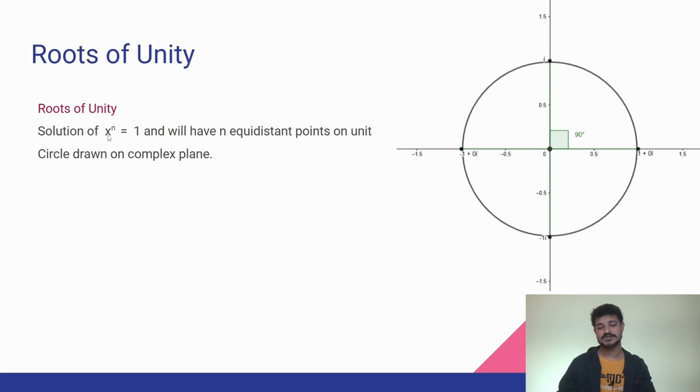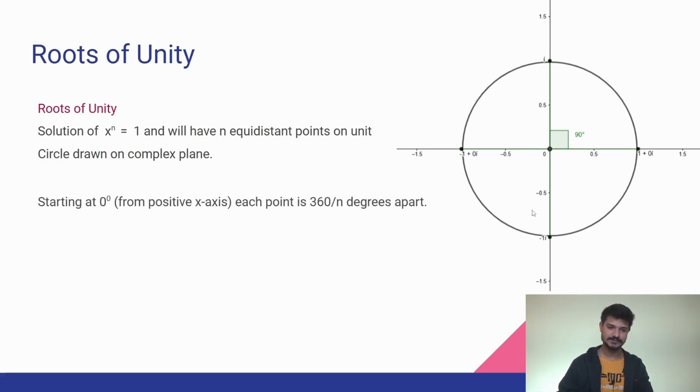Now the solutions, that is the roots of this equation, lie on this circle and they are equidistant, right? Starting from 0 degree, for example, the first root, as you can see, there are four roots. These are the four roots. The first root will always start from 0 degree, and each root will have 360 by n degrees between them, right?